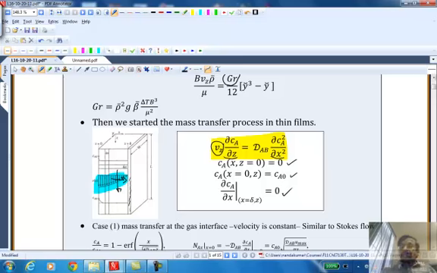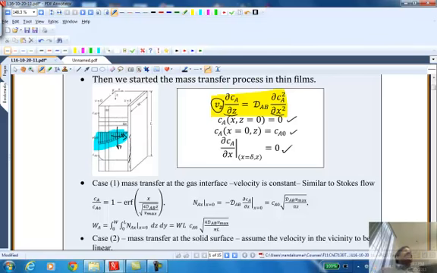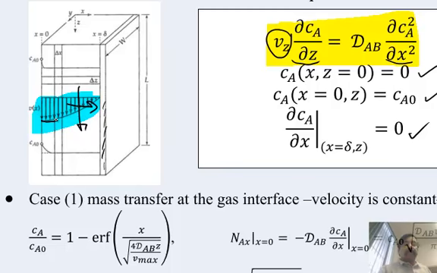So we said we are going to simplify the problem further by saying that we are going to look at sparingly soluble or weakly soluble gases in the liquid, in which case we can say that the concentration doesn't penetrate all the way into the wall, but it is always going only to a small distance. And over that distance, we can assume that the velocity profile is fairly constant. So that makes this term that you see here a constant.